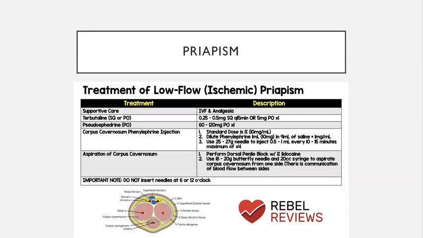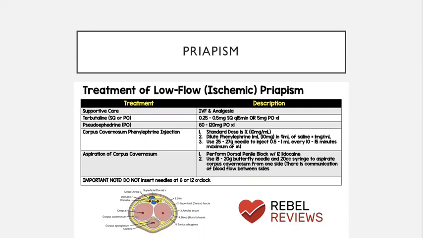Now, in terms of the treatment, you can start by first trying to aspirate the corpus cavernosum with a 20 ml syringe, and you can do it from one side as there is a communication of blood flow between the two sides.